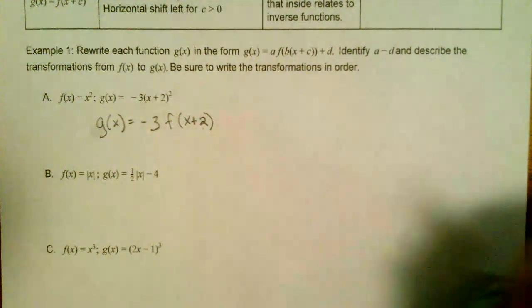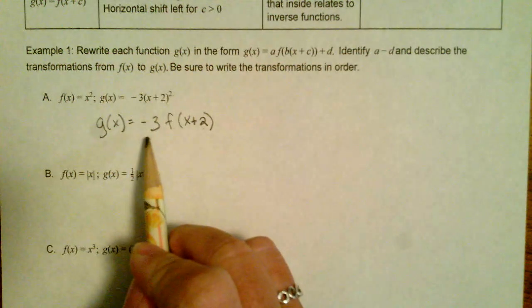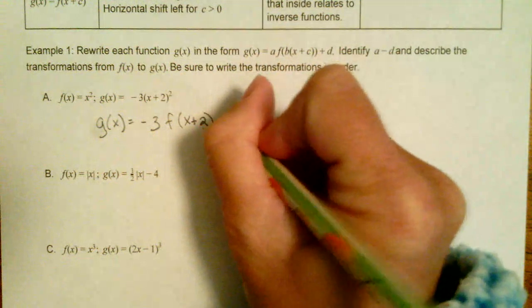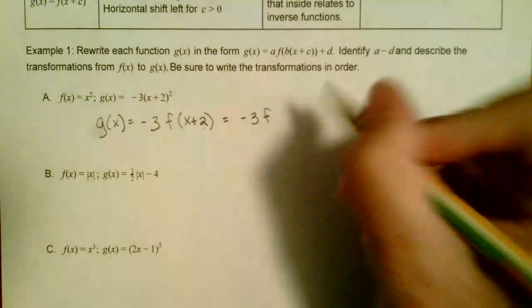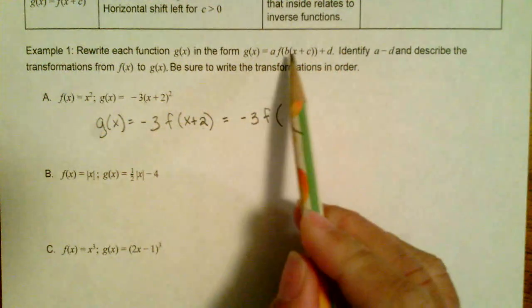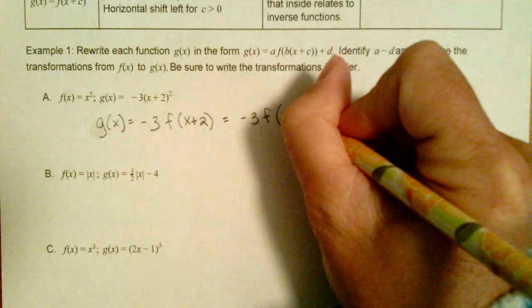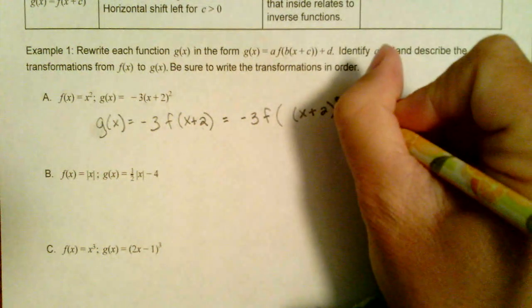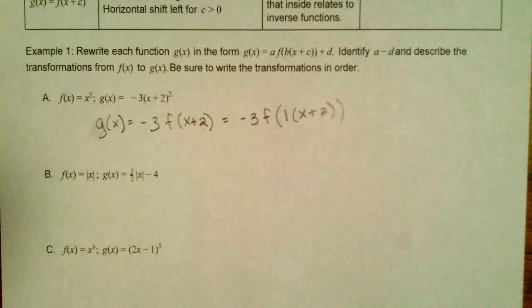So now I am actually going to rewrite this. If you can see everything from here, that's fine, but just to be completely explicit, this is going to be negative 3 f. I want something b times x plus c. So I already have an x plus c, and I'm going to notice that I can multiply that by 1.